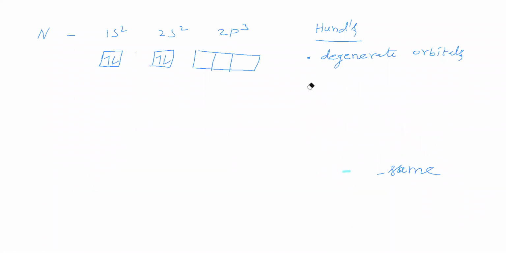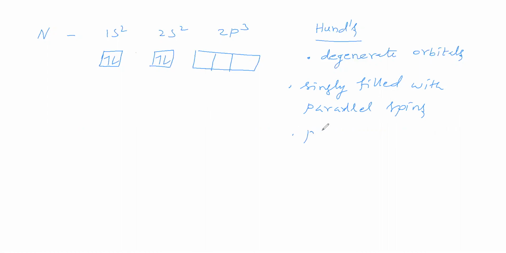What does Hund's rule say? Fill the electrons in degenerate orbitals singly first, with parallel spins.